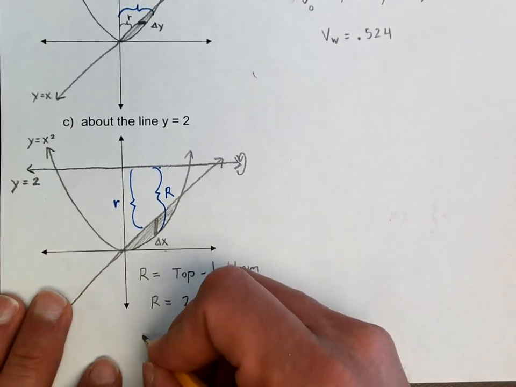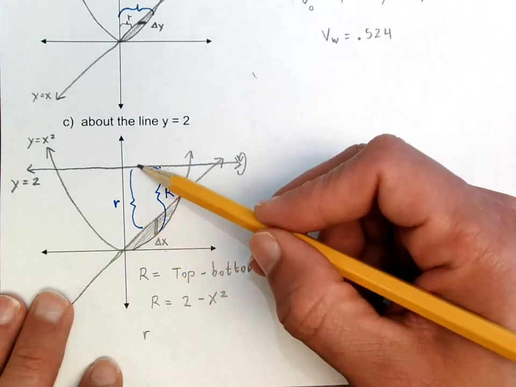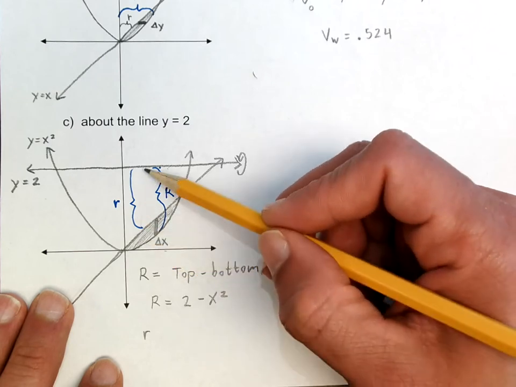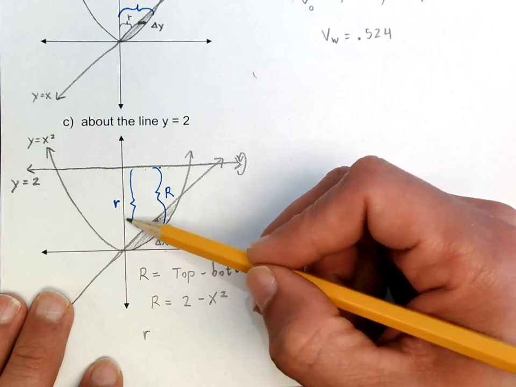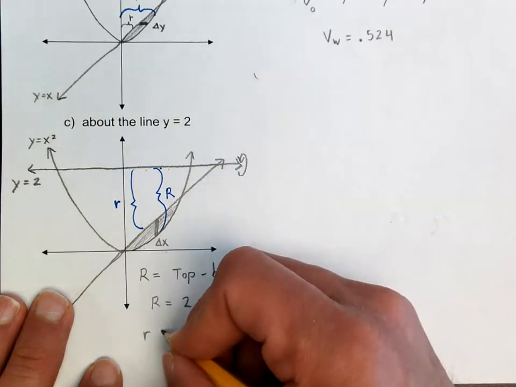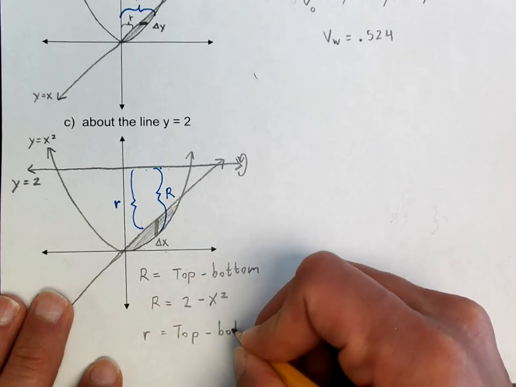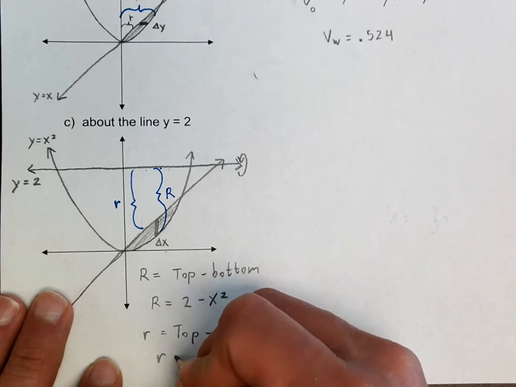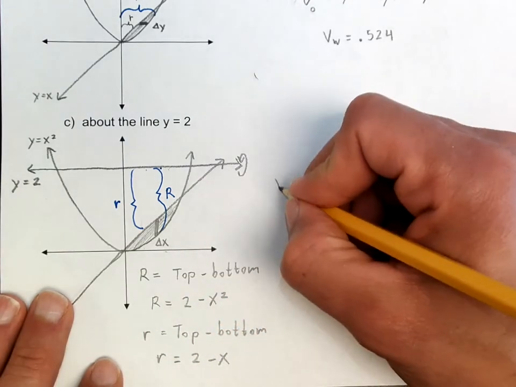The little radius is the same idea. If I want this little piece right here, I need to go from here to here, and then subtract this little piece, and then I would get that. Same thing, the top minus the bottom. And honestly, a lot of the time that's the hardest part, finding the radius, because the formula is pretty easy.